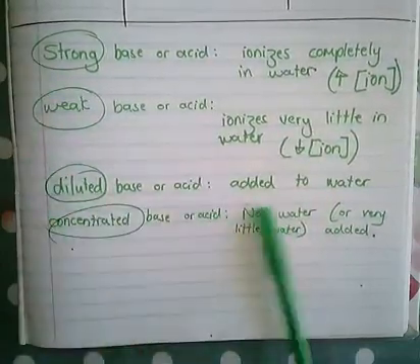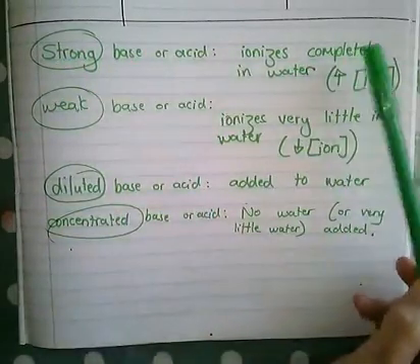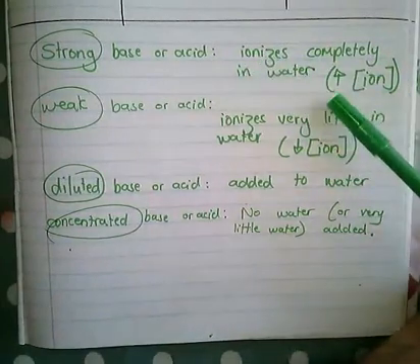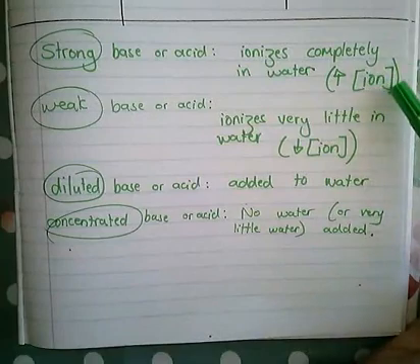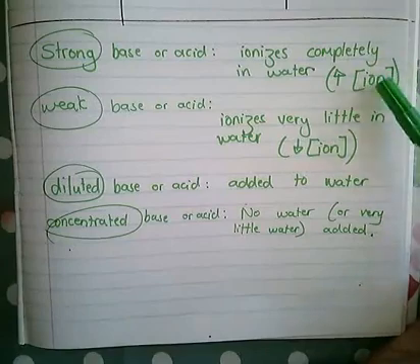So a strong base or acid ionizes completely or almost completely in water, which means it releases a high concentration of ions in solution. If you remember from grade 10, the higher the ion concentration, the higher the electrical conductivity will be of that ionic solution.